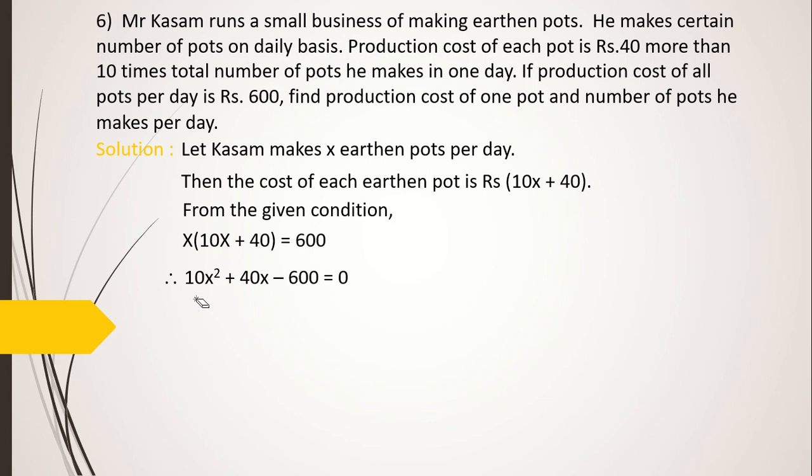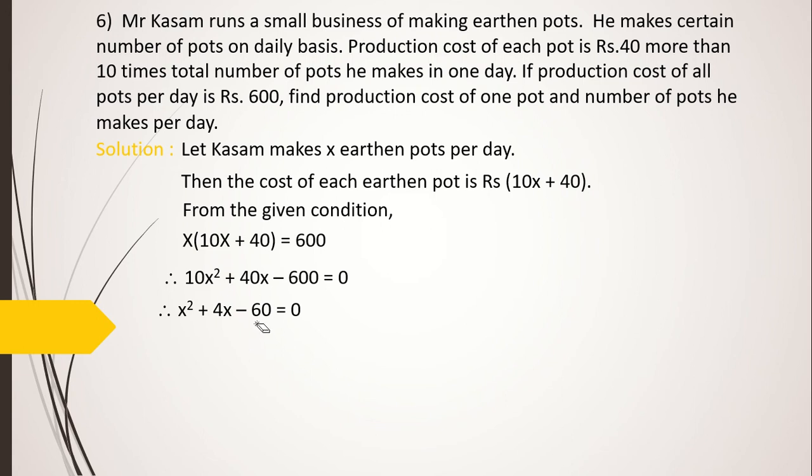Now what do we do to simplify this quadratic equation? See, all three numbers are divisible by 10. So divide throughout by 10 so that it will be simplified. Otherwise the numbers will become very big. You multiply 10 into 600, then a big number, then factorize that big number. So we got 60.